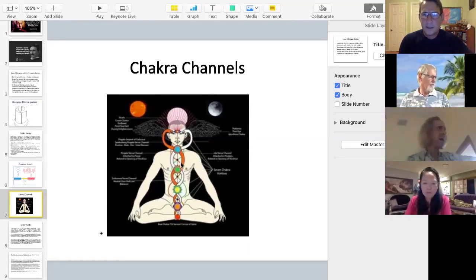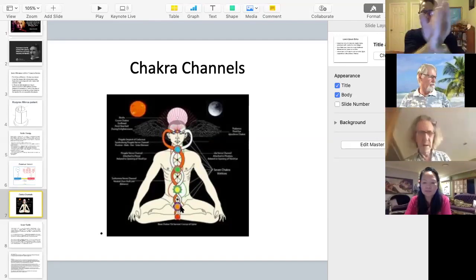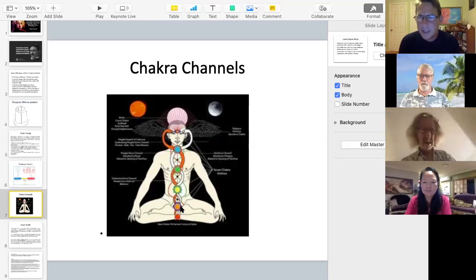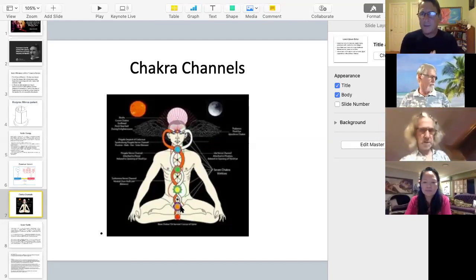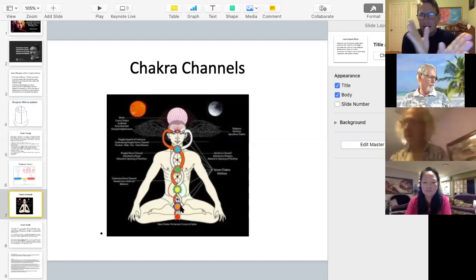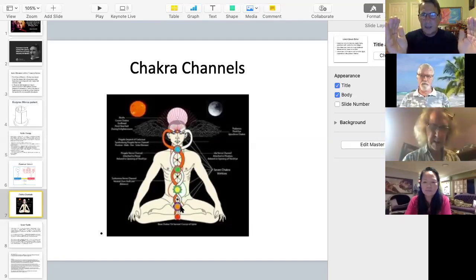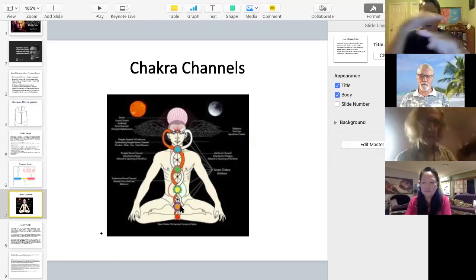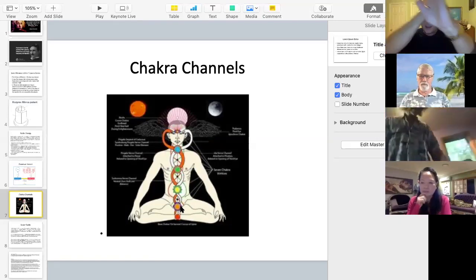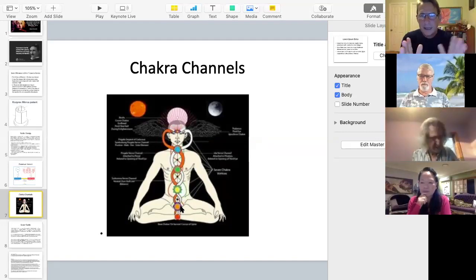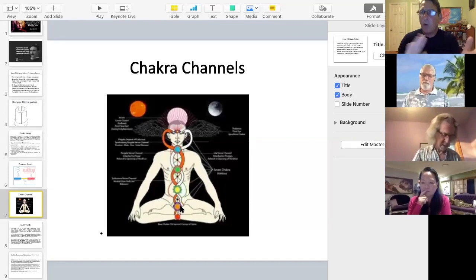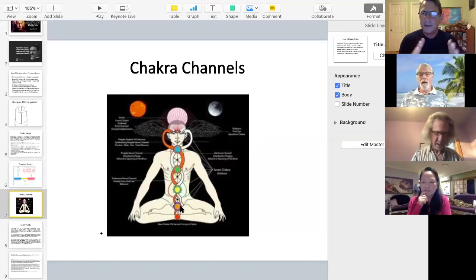They're called various names, the Ida and the Pingala. But basically, these channels create an electromagnetic frequency around the central channel. This electromagnetic frequency is set up so that the wavelength and the frequency are directly opposite to each other as it travels up through the channels, and it creates a scalar wave pattern by neutralizing the electromagnetic frequencies, and therefore we get left with a scalar wave field.